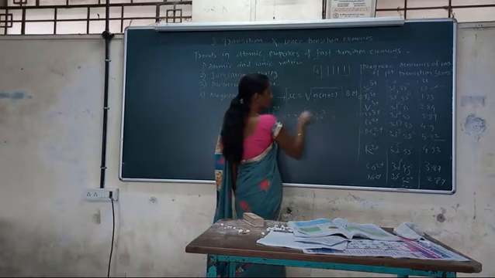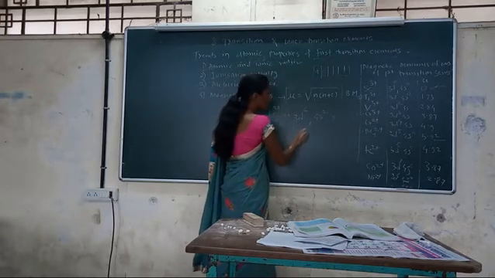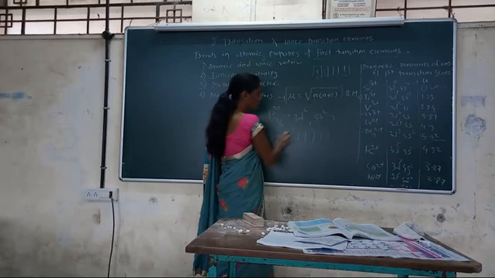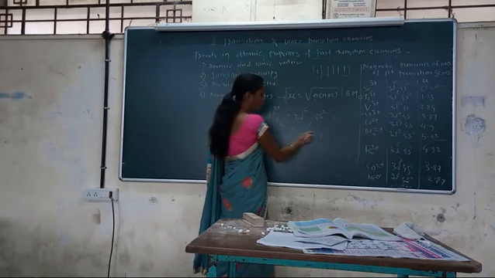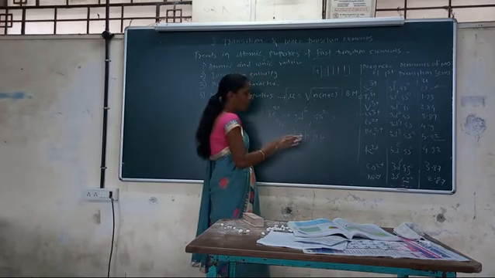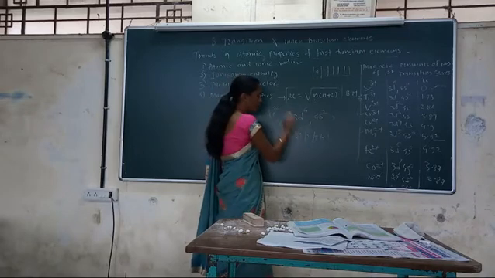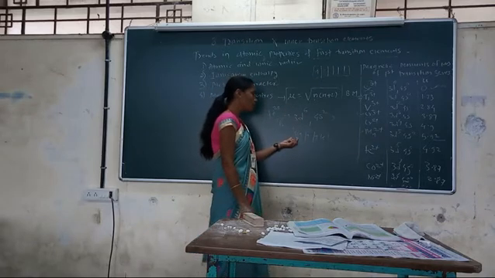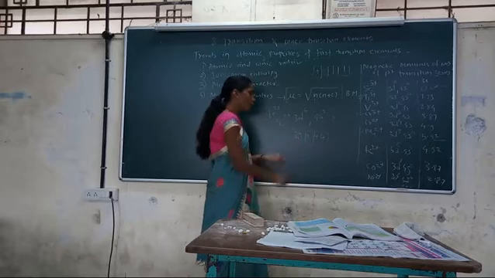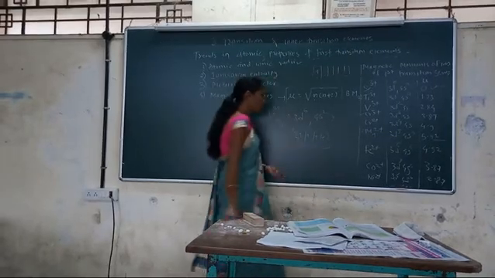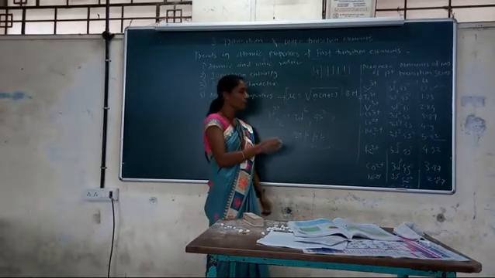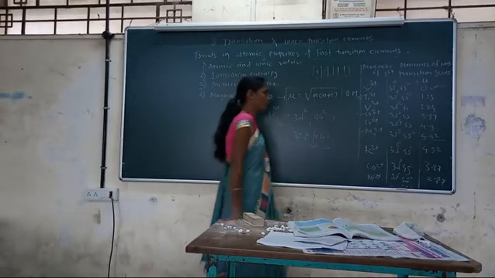Here the d orbital contains 6 electrons: 1, 2, 3, 4, 5 are parallel, and the remaining one is anti-parallel. That means the first block is filled, and only 4 electrons are unpaired.